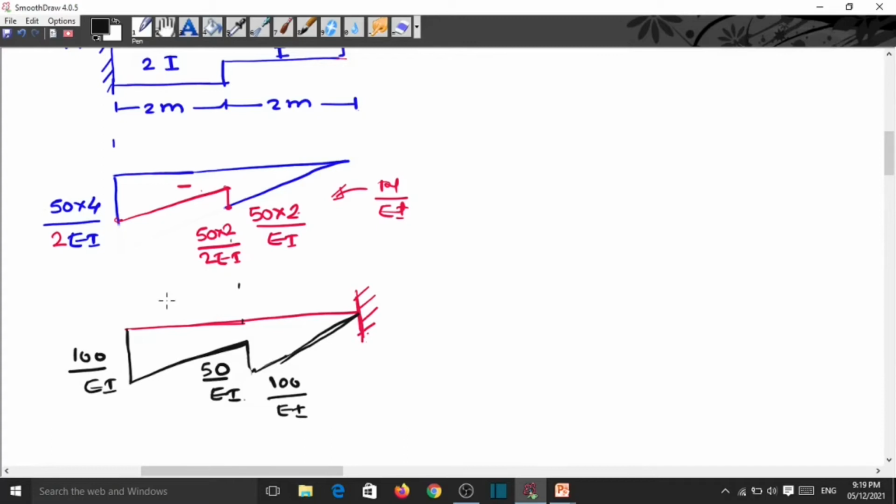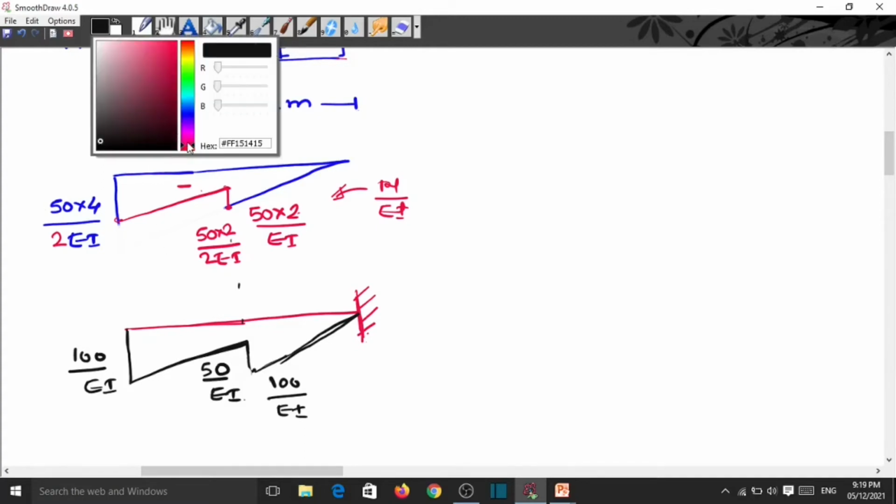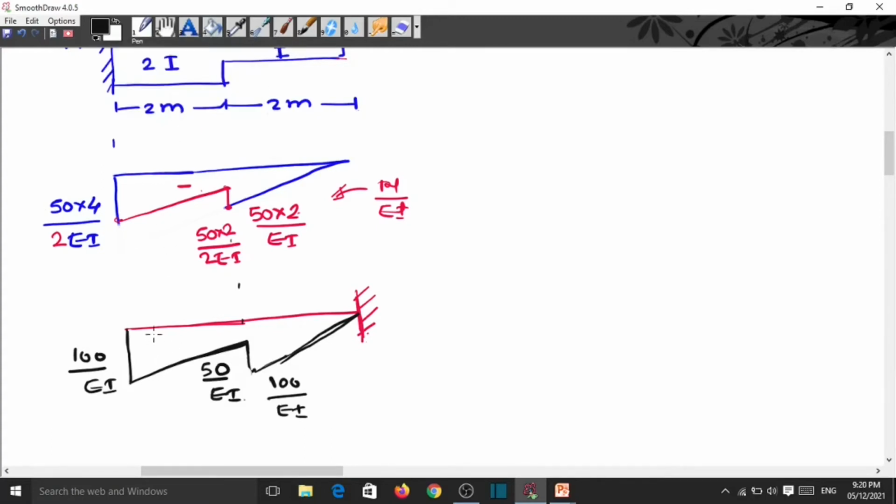Now this loading is downward, so we make this loading downward in this way.